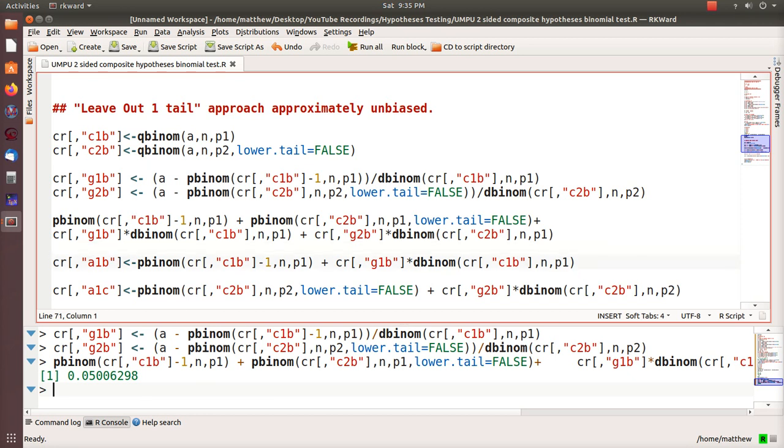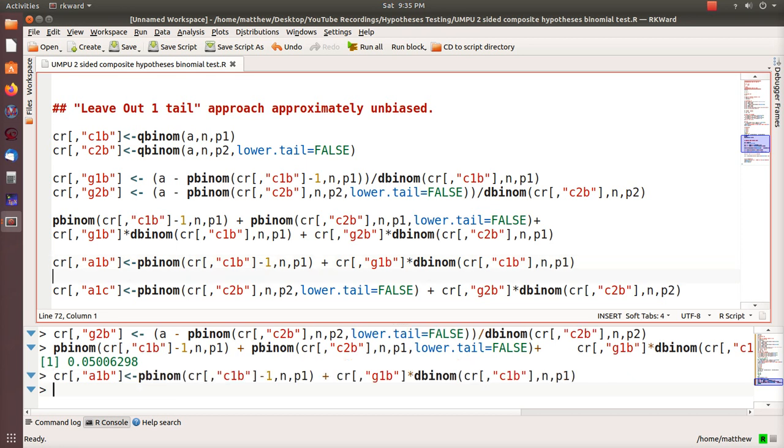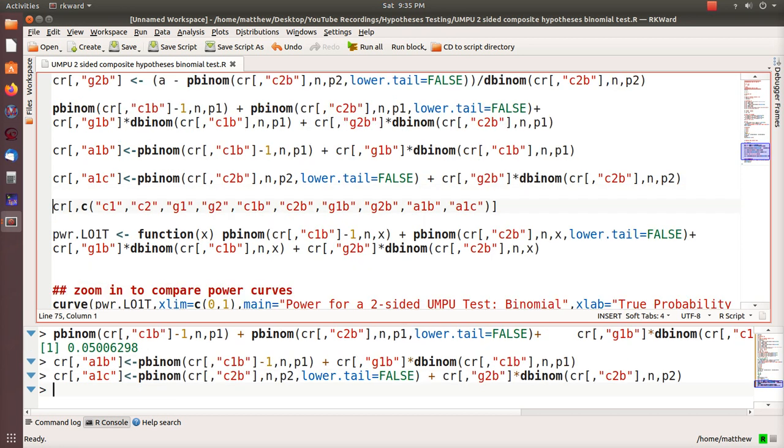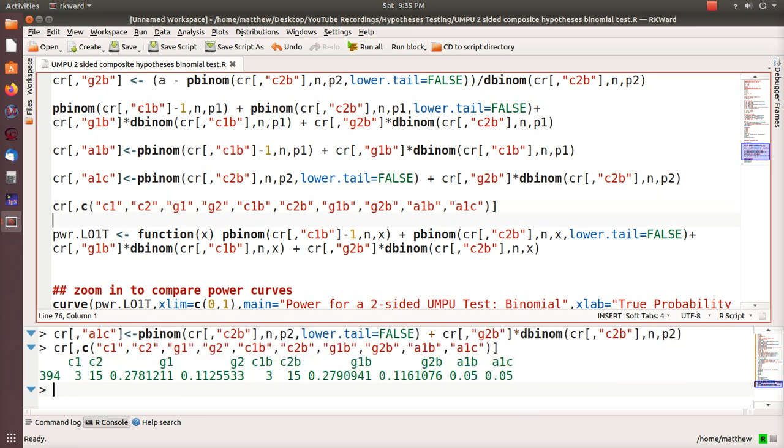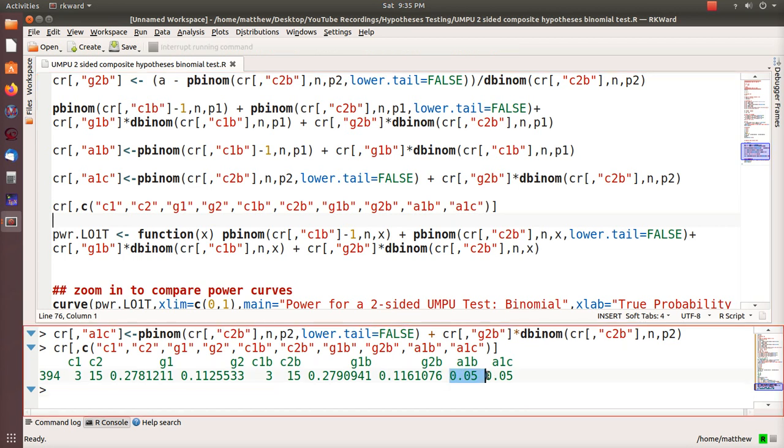Now let's calculate the true alpha level, and if you round it, it's exactly 0.05. I mean, it's crazy.